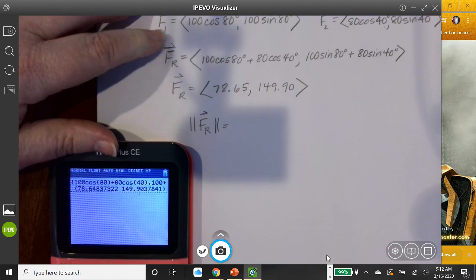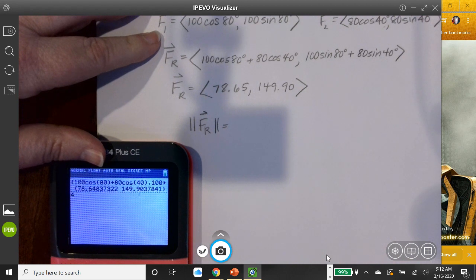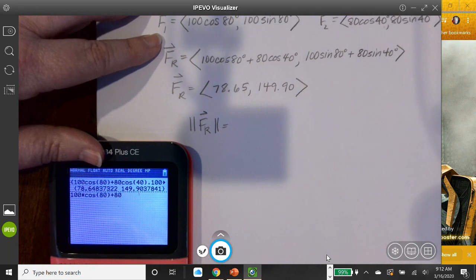Well, I'm going to clear. 100 times the cosine of 80 plus 80 times the cosine of 40. And I'm going to store that number in alpha A, because that'll be the x component.